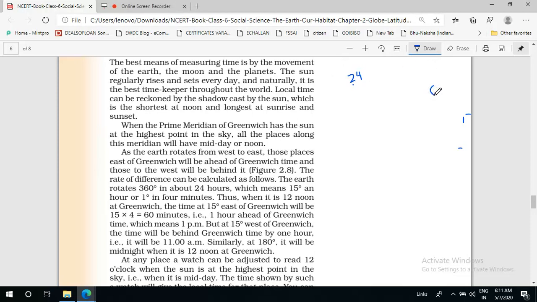This is the movement of the earth. Earth is moving like this, and it is making a circle. When it is moving around itself, it is moving in this direction, from west to east.